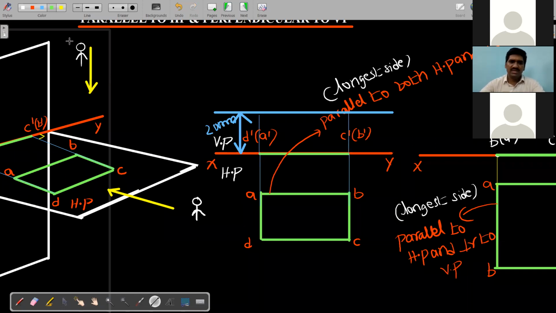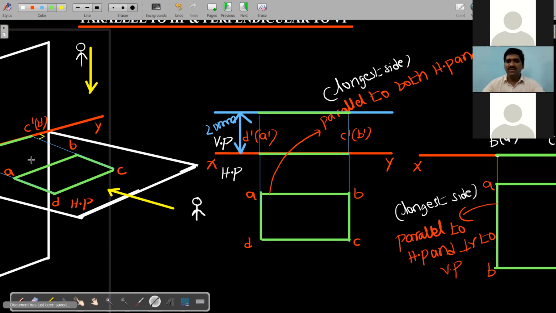If it is lying some distance above, this will become your front view. That's it. But the top view will be below the HP only.